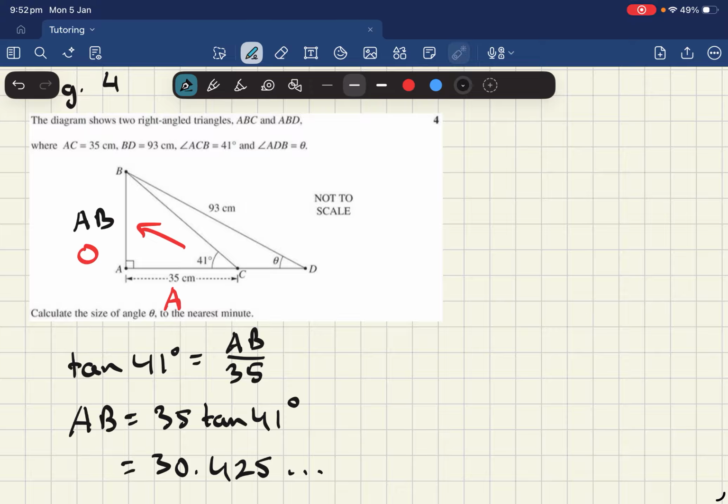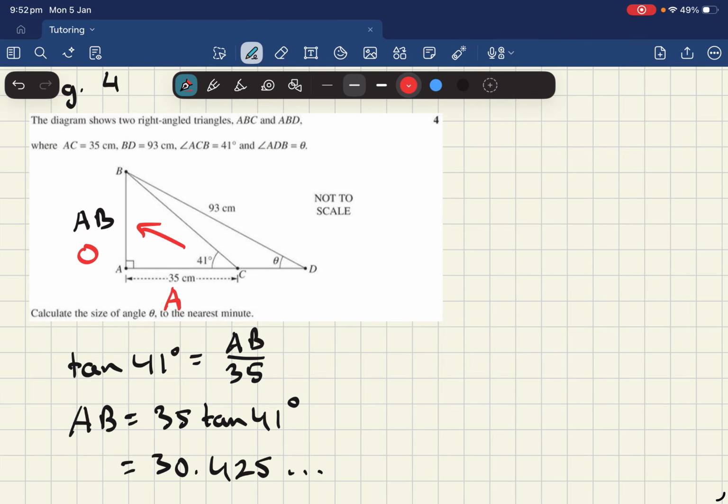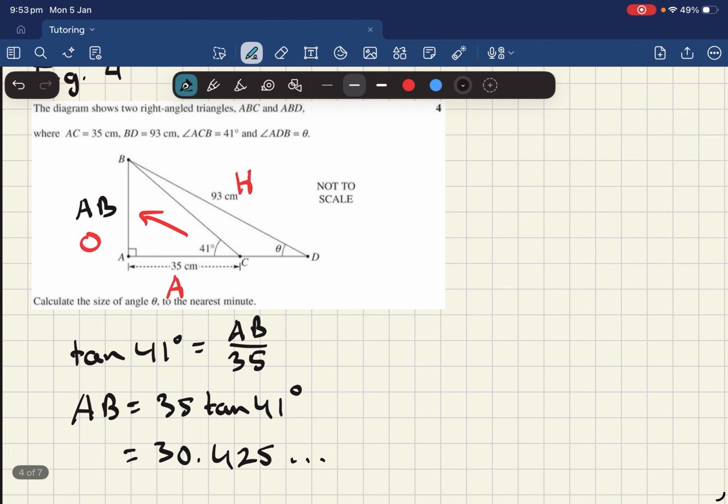Now, if we look at this big triangle here, from the perspective of this angle theta, AB is still the opposite. See, it's opposite to that angle, and 93 is the hypotenuse. So I'm going to label this H. When we have the opposite and the hypotenuse, we are using sine.